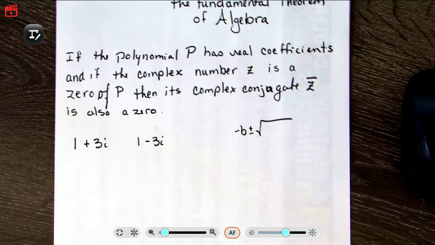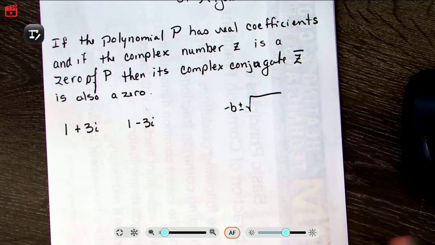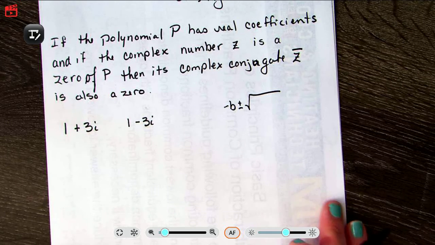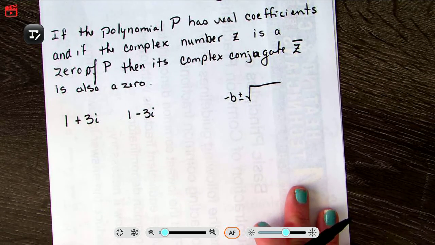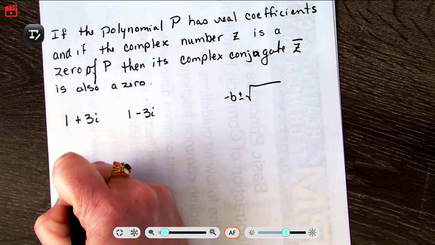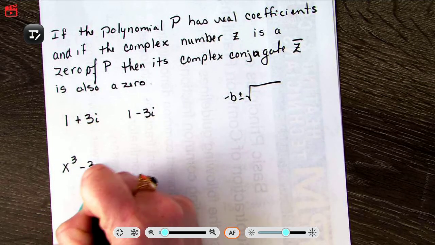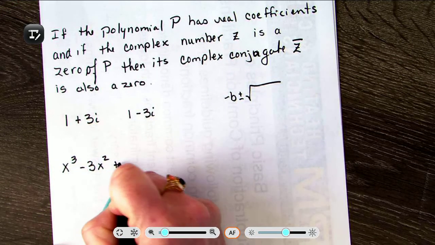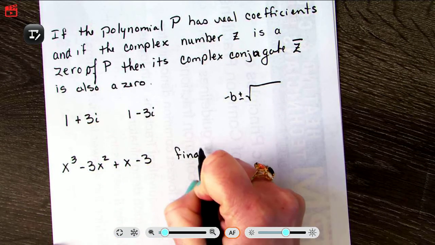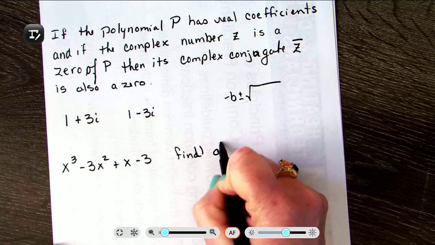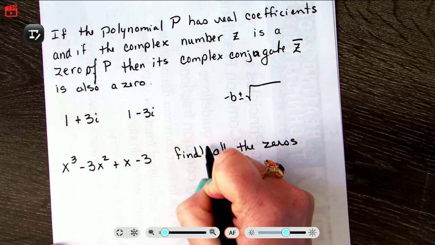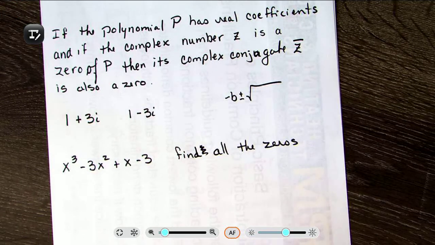All right, so let's start with just finding some zeros. And we'll start with something, I don't know. Let's look at x cubed minus 3x squared plus x minus 3, and we want to find all the zeros.